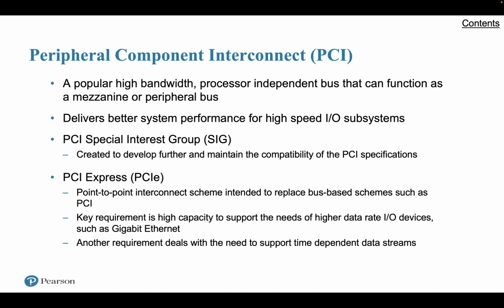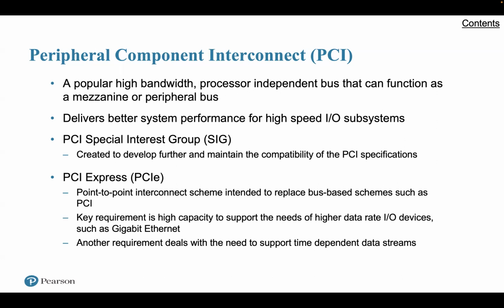The key requirement is high capacity to support the needs of high data rate I/O devices such as gigabit Ethernet. Another requirement deals with the need to support time-dependent data streams. So we get a chance to be thinking about PCI, and then PCI Express is what we're talking about here as we go through this information. Intel began to work on PCI in the 1990s, so that's been around for quite a while.